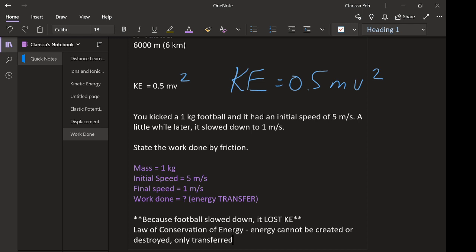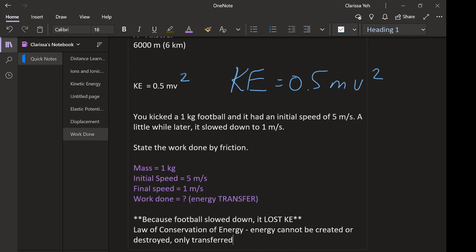Well, it could have been transferred as heat to the ground as it rubbed against the ground with friction. It also made a little bit of sound, right? Because it's not going to be completely silent as it's rolling around the grass. It lost a bit of energy as sound. But the main cause of this was the force of friction, meaning our force, friction, did some work.